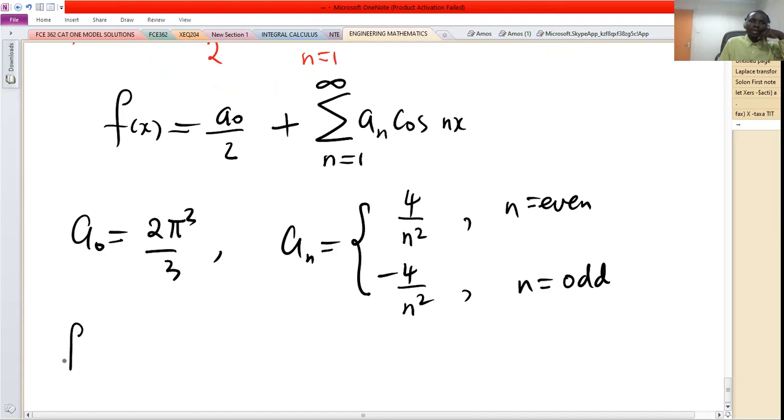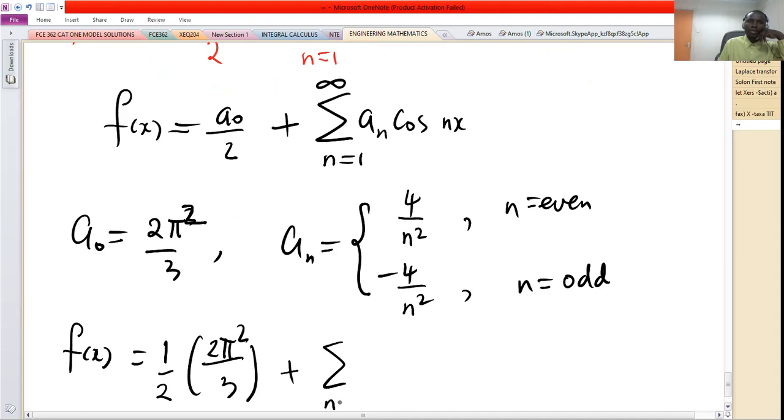So f of x will be replacing here. So this mod divided by 2, so we'll have a half into 2 pi squared over 3 plus summation n from 1 to infinity of, just write an cosine of nx.